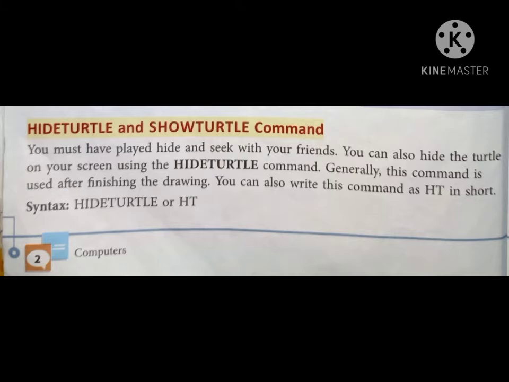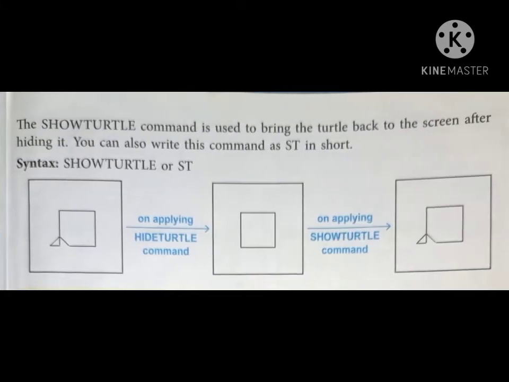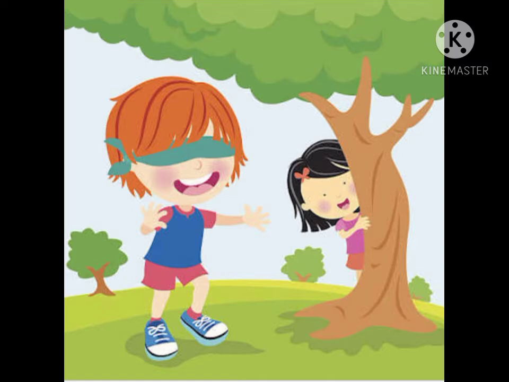You can also write this command as HT in short. Next, the show turtle command is used to bring the turtle back to the screen after hiding it. You can also write this command as ST in short. So hide turtle and show turtle is more like the hide and seek game.